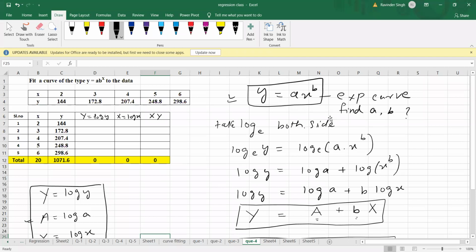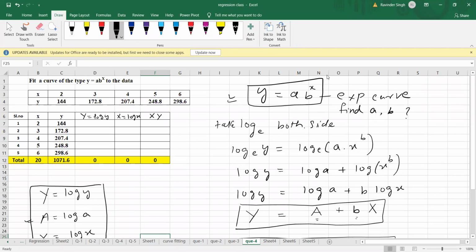In the question it is A B power of X. Okay, one second. I think I made a mistake. This is A B power of X. Thank you for letting me know. This will be A B power of X here, then our equation will change.